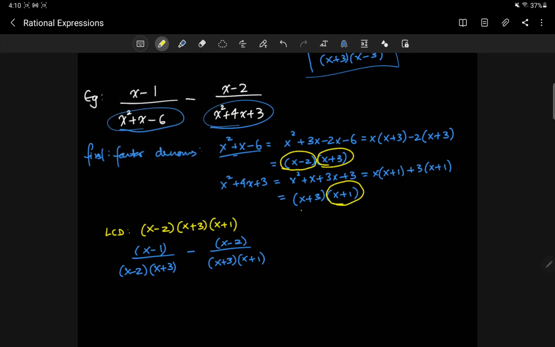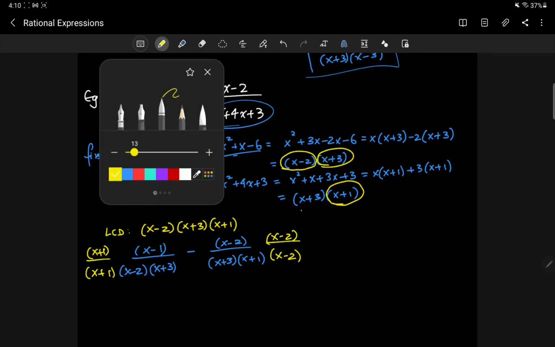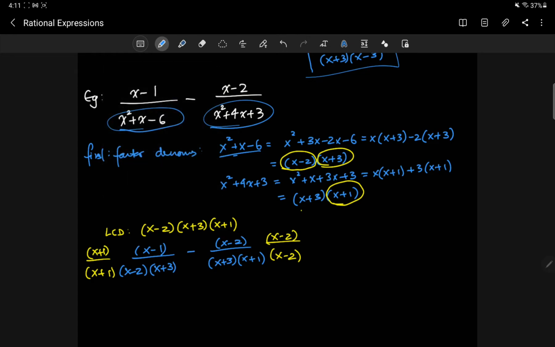Now what is missing in the LCDs of each is, the first one is missing x plus 1. So I multiply divide by x plus 1. And the second one is missing x minus 2. So I multiply divide by x minus 2, and as a result of that, I can see that my denominators in both are the same, and they are the same as my LCD.